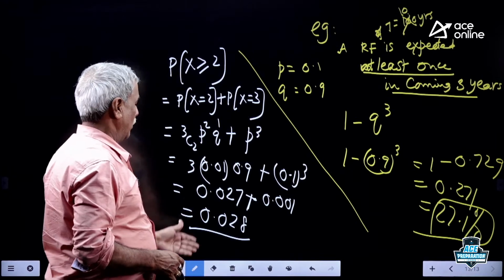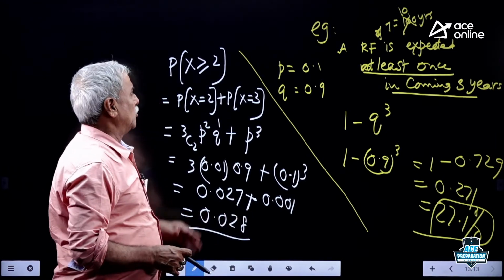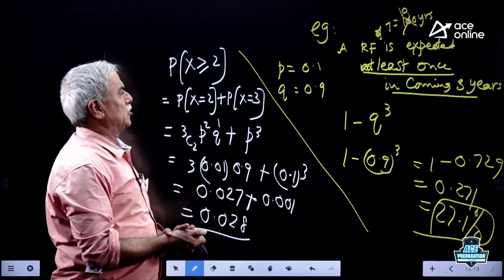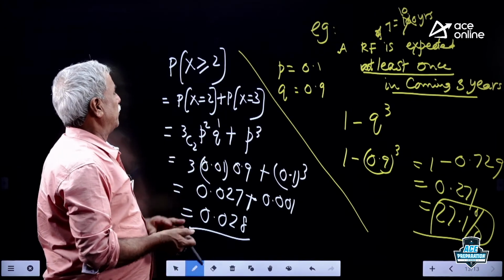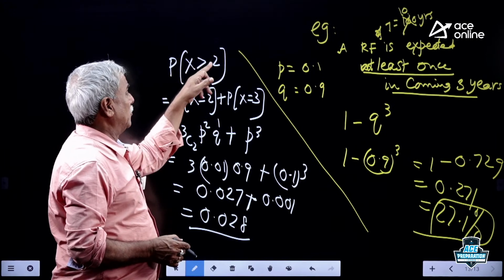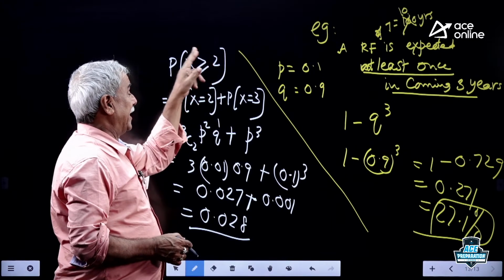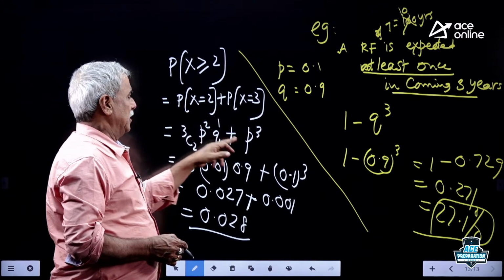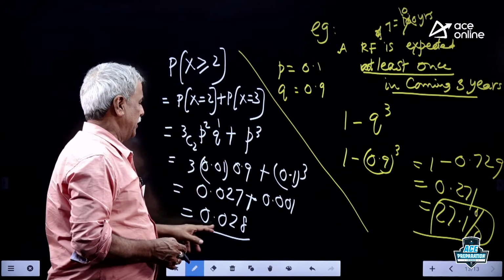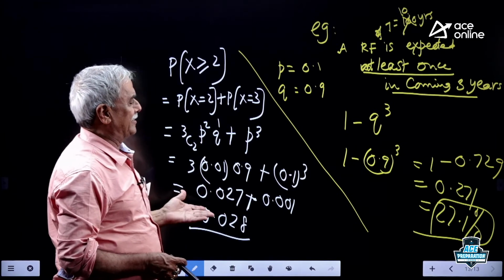Multiply with 100, and you get 2.8% chances. This way of solving the problems, for x equal to and more than 2, the 2 times and 3 times probabilities are summed up, and you get this value in percentages.